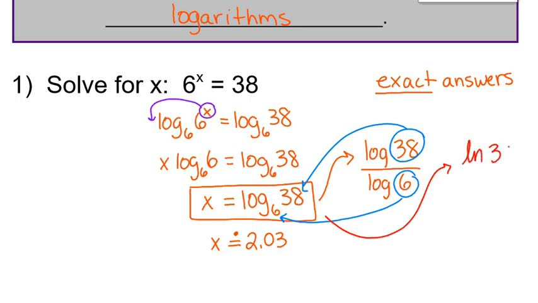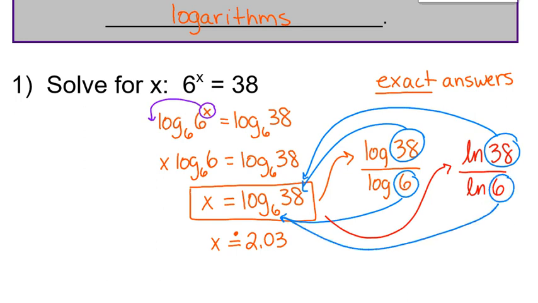Natural log of 38 over natural log of 6 will give you the same equivalent answer. Again, the 38 just comes from the argument of our answer, and the 6 comes from the base of our answer. So all of these are equivalent and they are all acceptable. Log base 6 of 38 could be your answer, or this expression over here, or this expression over here. Okay, kind of made that slide look like a mess.